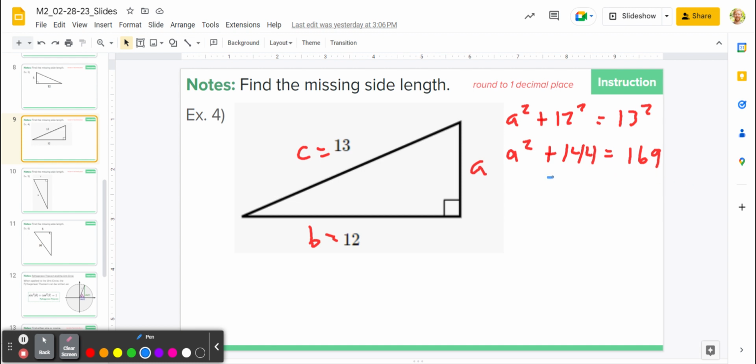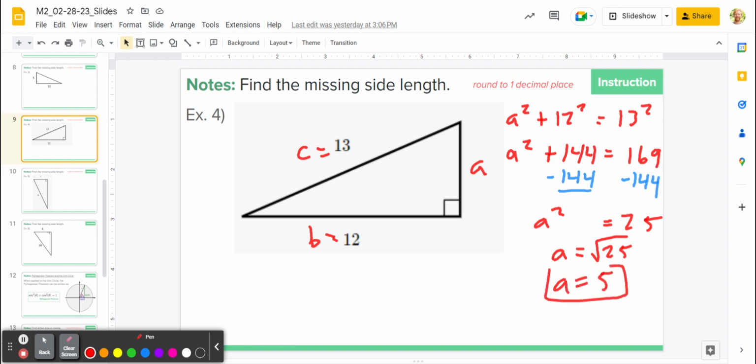So we need to subtract 144 from both sides. That'll leave us with a squared equals 25. And then again, we can get rid of that square by taking the square root. So a is equal to the square root of 25, which in this case means that a is equal to 5.